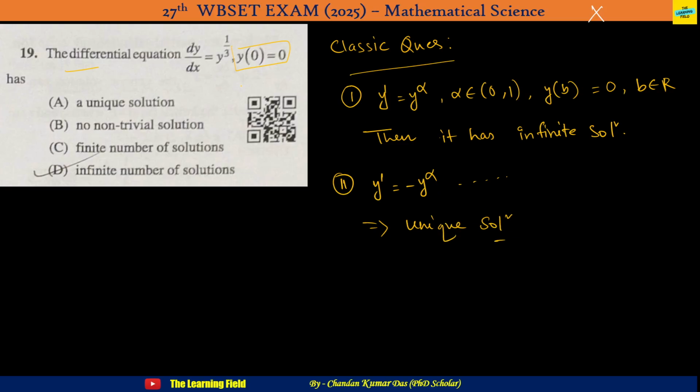So here dy/dx = y^(1/3), where 1/3 belongs to (0,1), and y(0) = 0, that is b belongs to R, so obviously it has an infinite number of solutions. Fine. Next question.